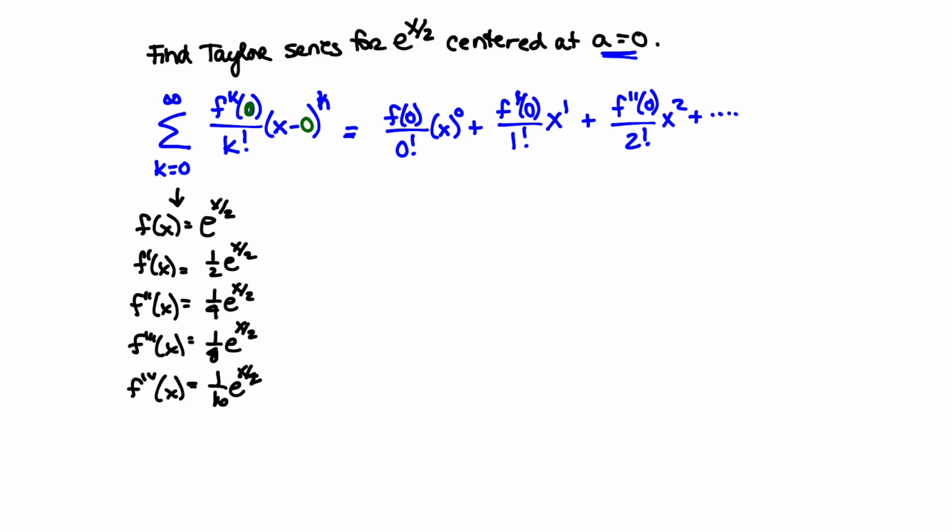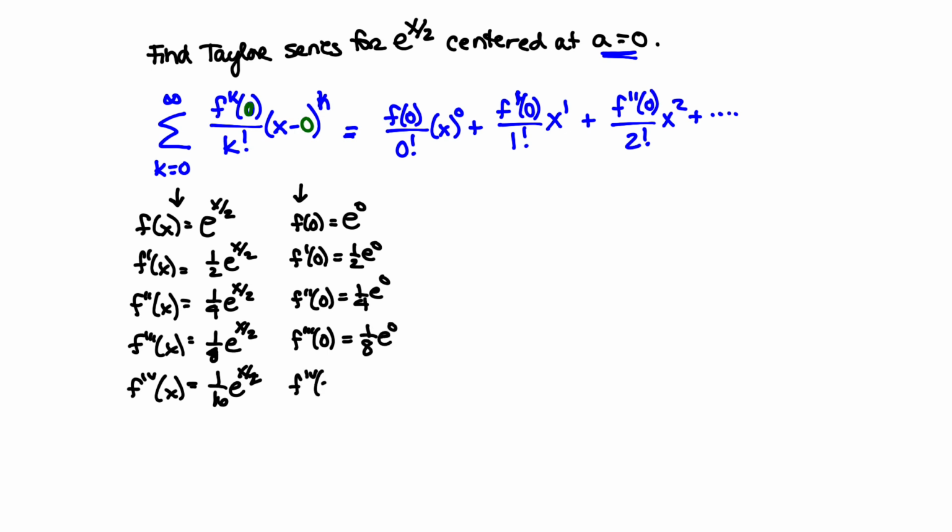Then the next column to set you up would be plugging 0 in. Sometimes it helps to keep these derivatives separate when you're expanding it out and writing out your expansion. It turns out to be 1.